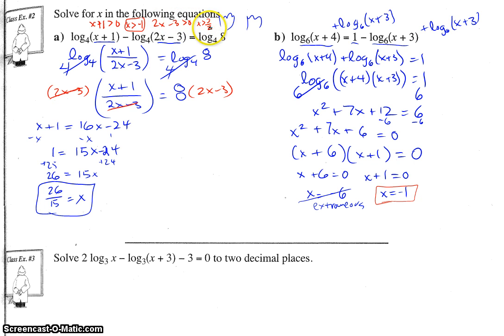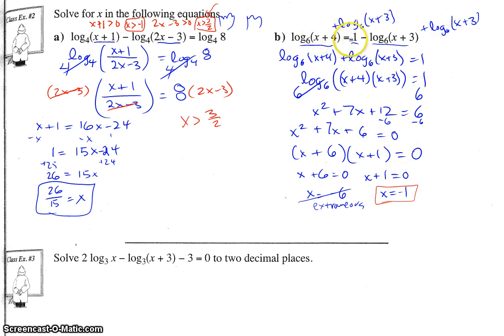Whichever one is more restrictive, or the larger number, is the one you go with, because 3/2 is bigger than -1. So all our answers would have to be greater than 3/2 or 1.5. And this one was okay with that.